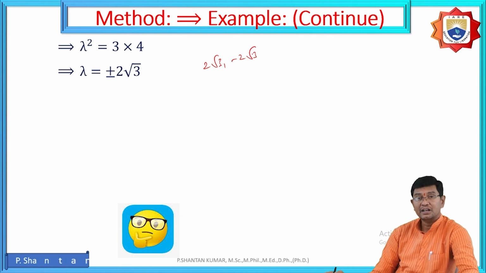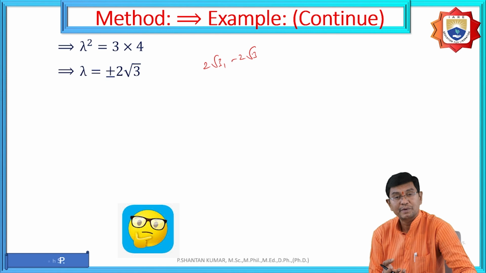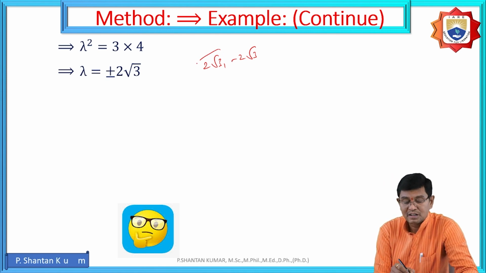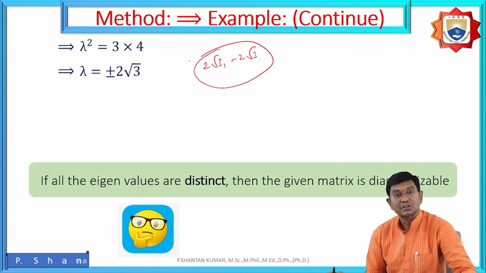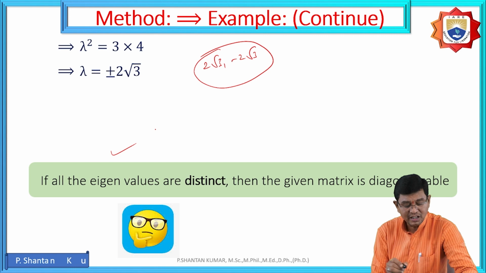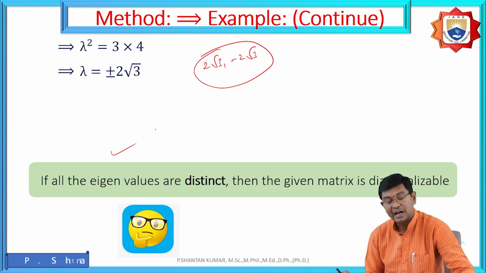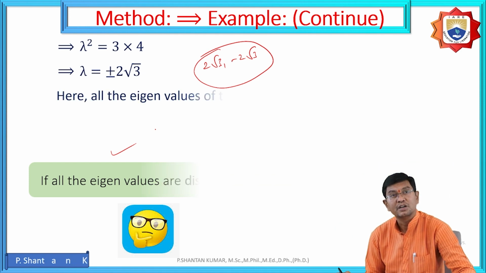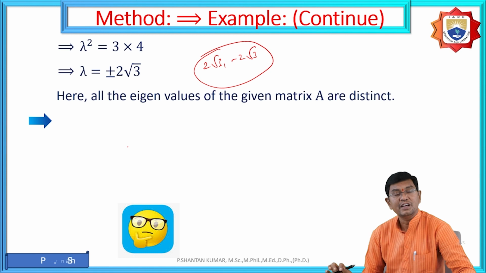According to the concept, whenever the eigenvalues are different, the matrix is automatically diagonalizable. Moreover, with plus and minus, both eigenvalues are distinct. Based upon this condition, the matrix is clearly diagonalizable.